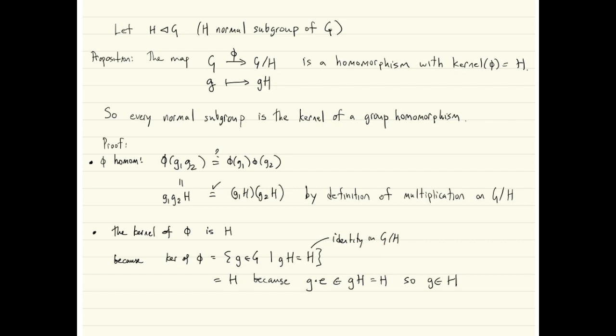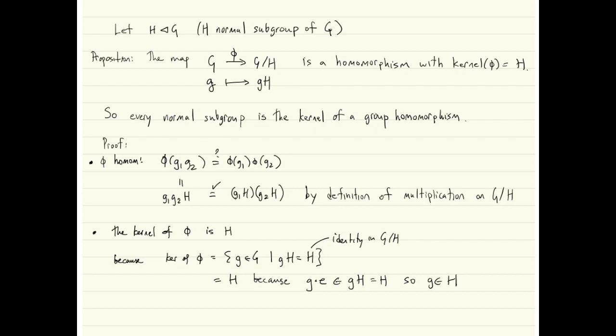So the elements g of G so that gH, that's what phi of g is, is equal to H, because H is the identity element in G mod H. And so this set here is H because, well, if you've got a g so that gH is H, then g times the identity element is an element of gH because the identity element is an element of H. And now, since we're assuming gH equals H, what we get is that g is an element of H. That's what I've written here.